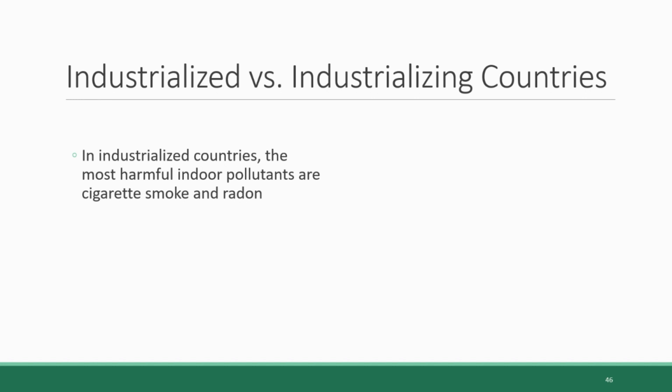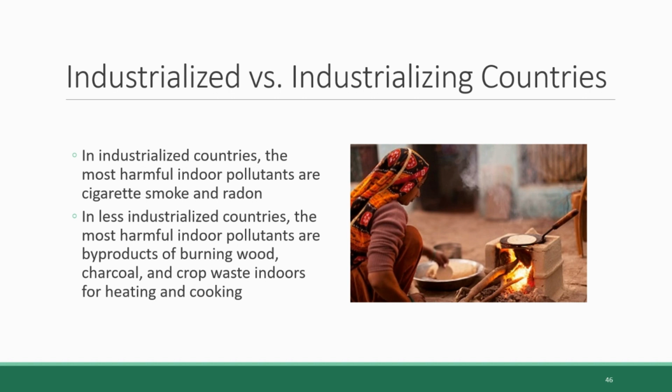However, in less industrialized countries, the most harmful indoor pollutants are byproducts of burning fuel for cooking and heating the home. Often the fuels that are burned are not very clean sources and can include wood, charcoal, and crop waste. And there also usually isn't a containment system for those fires.